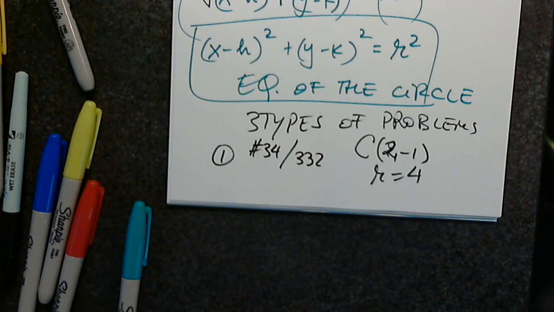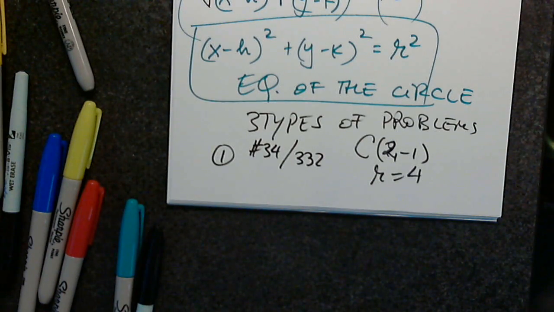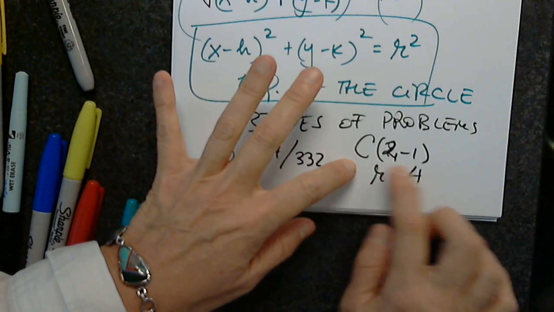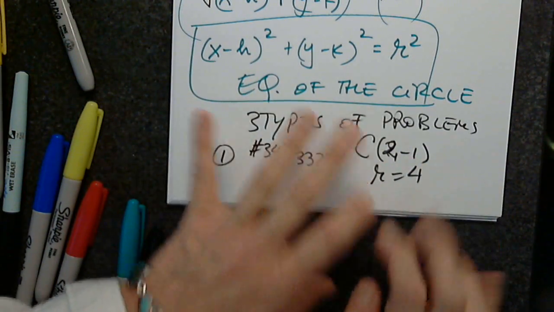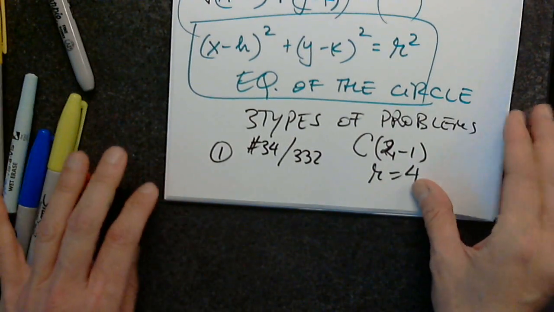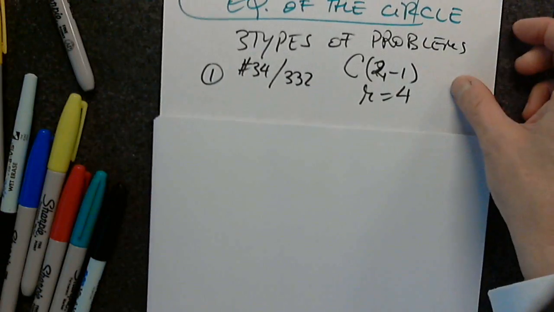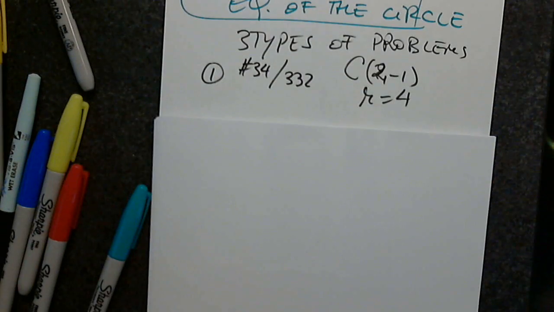We're asked to find the equation of the circle that has this center (2, -1) and has a radius of 4. Okay, when you're ready, please dictate.